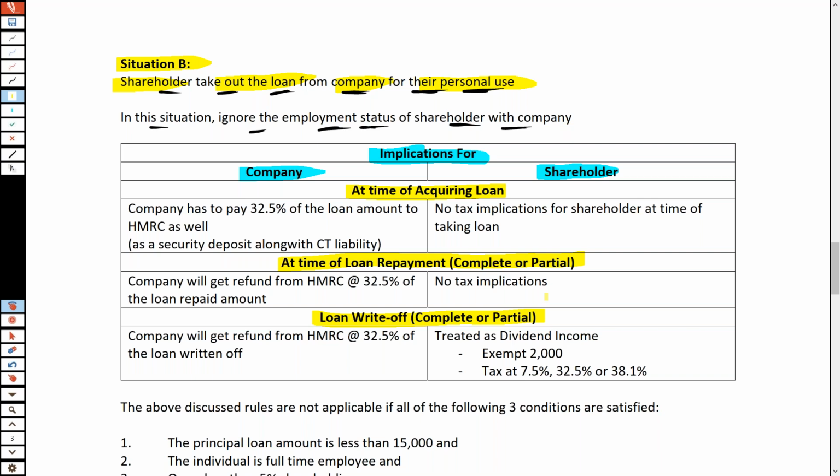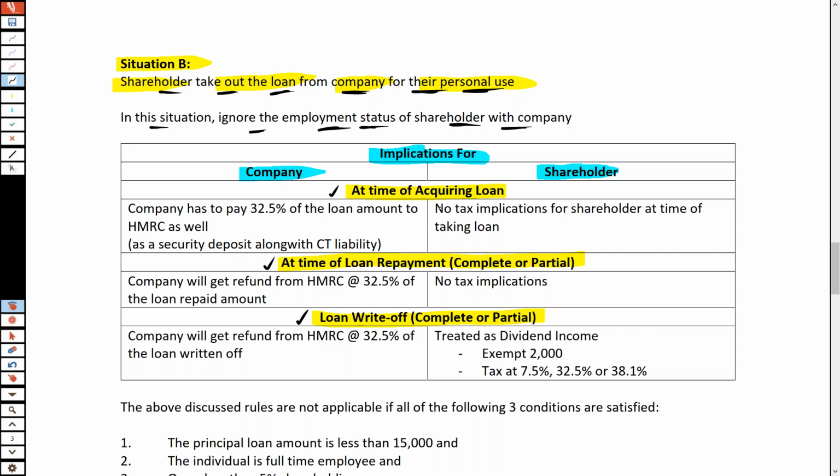So basically we are going to learn the tax implications for both the company and shareholder at three different times. First, when the loan is acquired from the closed company. Second, if the shareholder is repaying the loan amount to the company. And third, if the shareholder is not repaying the loan amount to the company. These three different times have different tax implications.